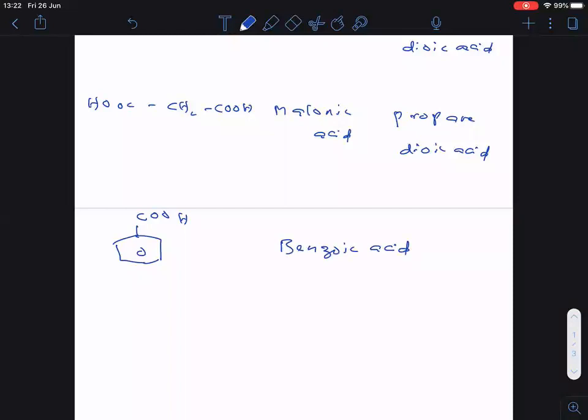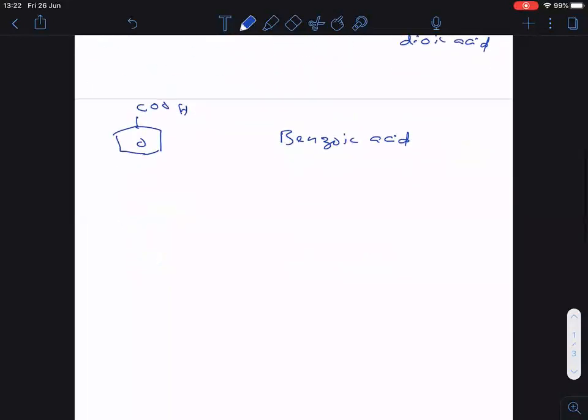Benzoic acid is even accepted by IUPAC. Here the common name is benzoic acid, and the IUPAC name is also benzoic acid.